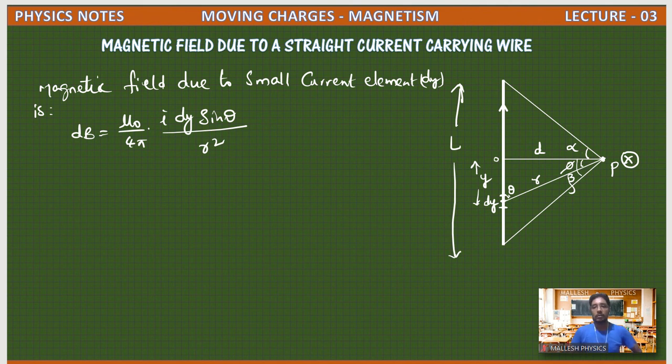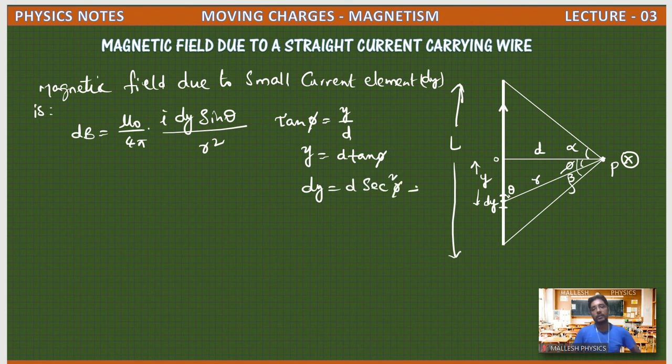Now we have to write this in terms of d. Here phi is the angle made by the distance r with the perpendicular distance. So tan phi is equal to opposite side by adjacent side, that is y by d. So y is equal to d tan phi, and differentiating, dy is equal to d secant square phi d phi, equation 1.